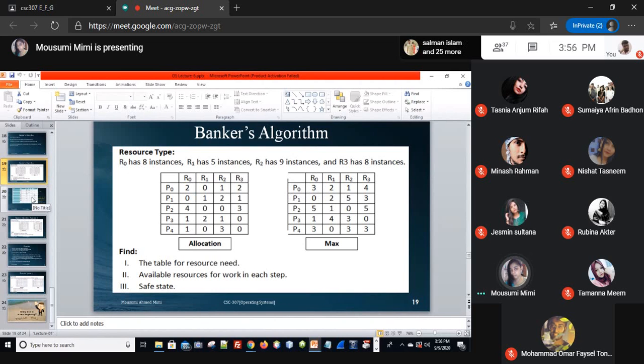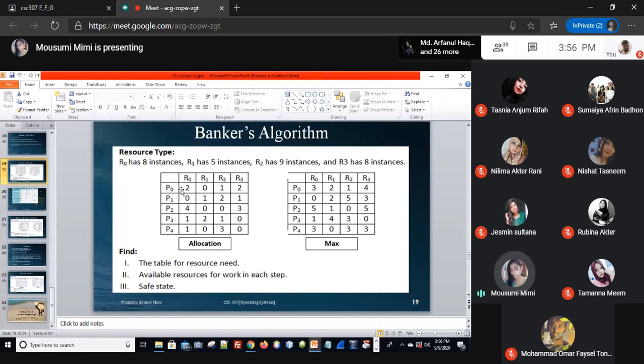After that, when you go for the algorithm table, at first you start from the sequence given in the table, that means from P0 to P4. Second, keep in mind that at a time you can take just 1 element from each resource. You cannot take more than 1 element.